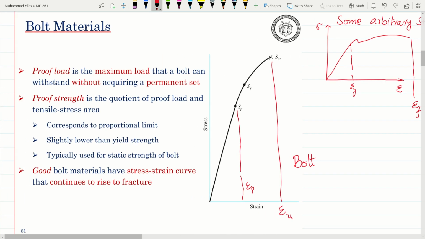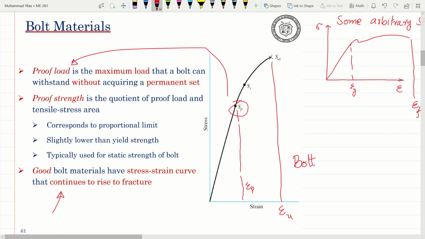The load corresponding to this point, the proof strength, is termed the proof load, and sometimes it's also called the proportional limit.